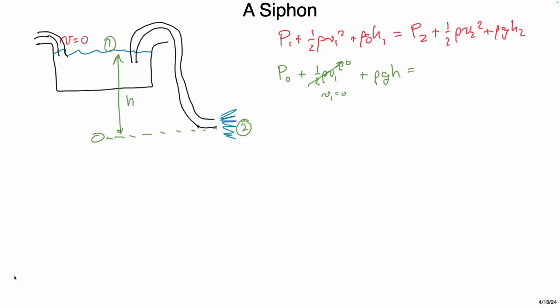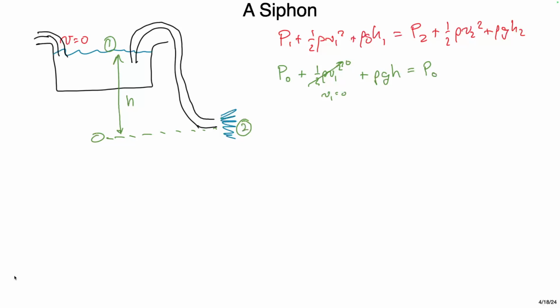Okay. At point 2, where the water is squirting out into the air, what's the ambient pressure going to be? Not that hard. It's in air. So it's going to be air pressure.